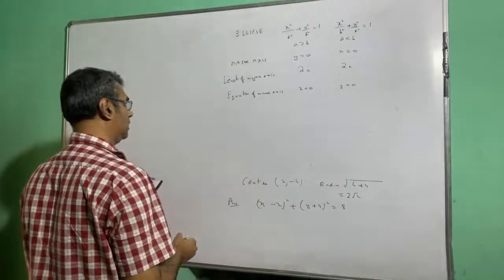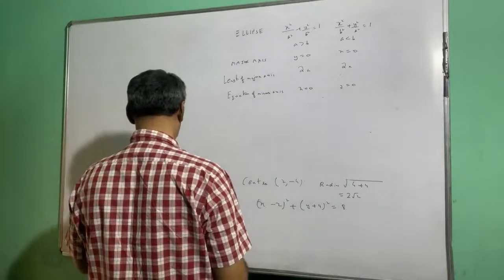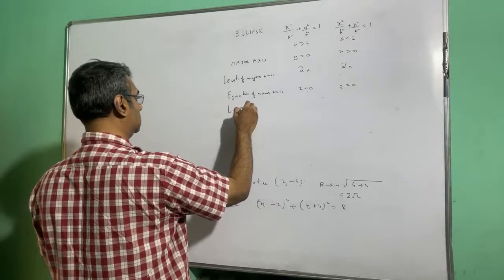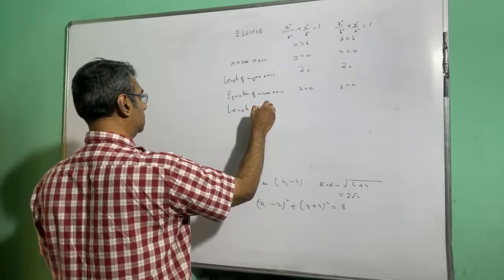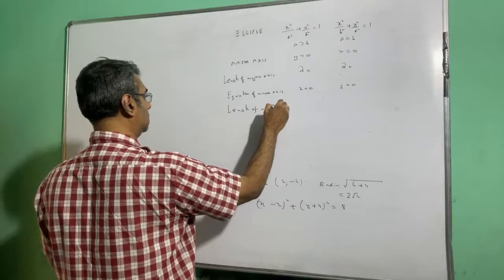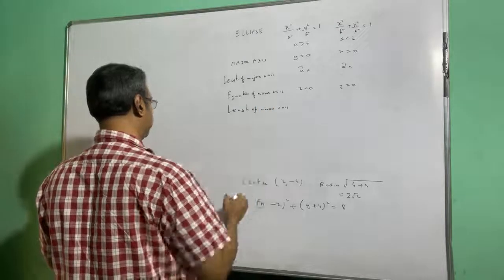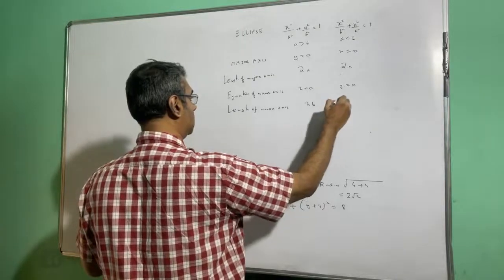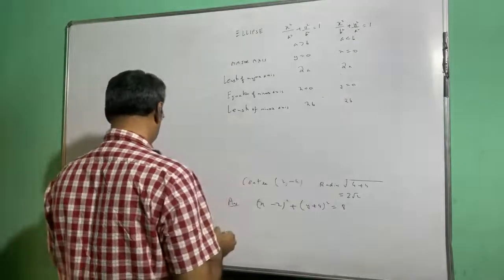Equation of minor axis x equal to 0, y equal to 0. And length of minor axis, it will be 2b.